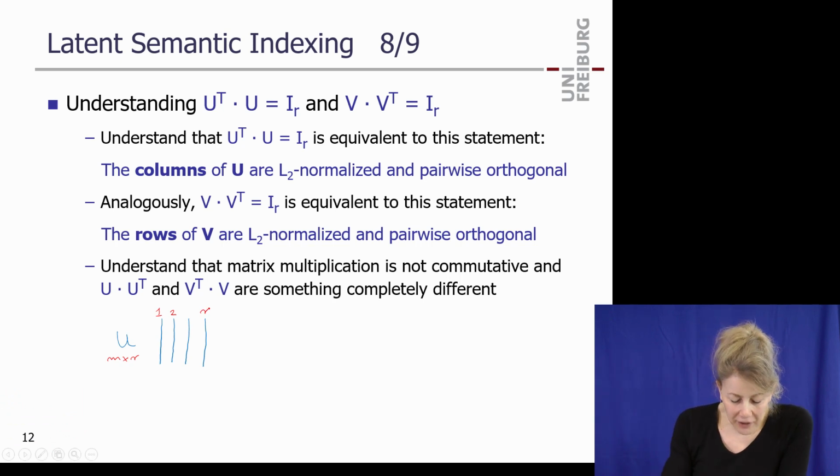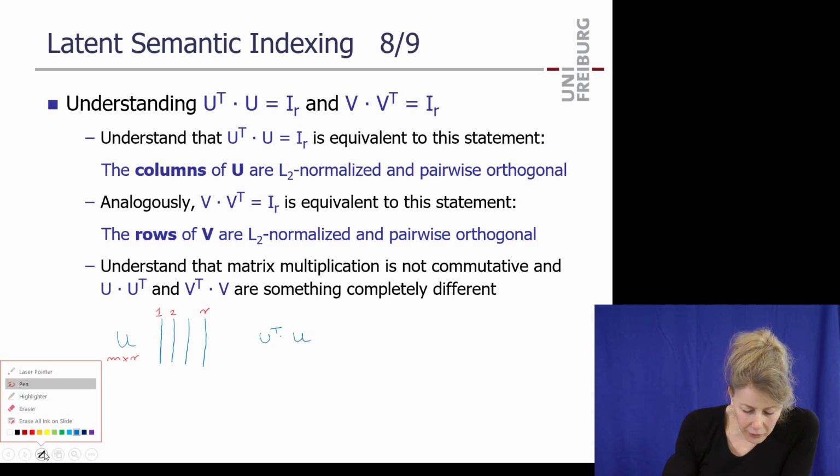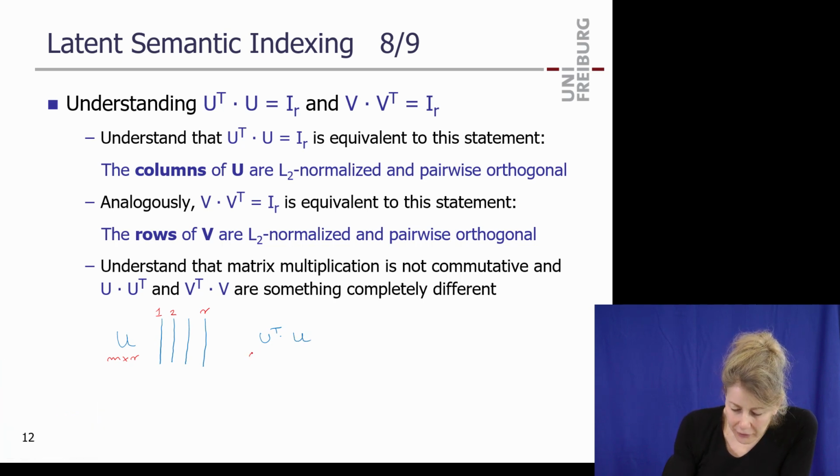So what happens if I multiply U transpose times U? This is now an R times M matrix, and this is an M times R matrix. If I transpose it, my columns now become rows.